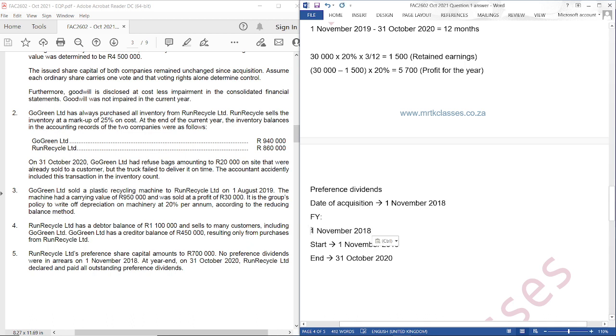Basically this is the start of the previous financial year. So they paid dividends for 2 years, for the previous financial year and for the current financial year.